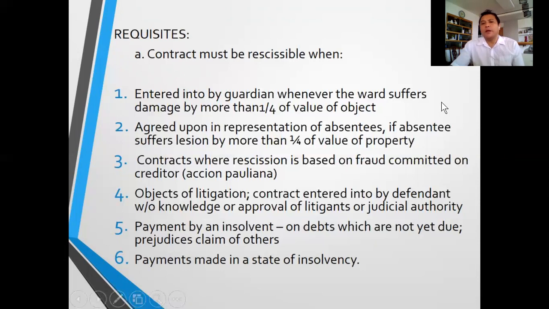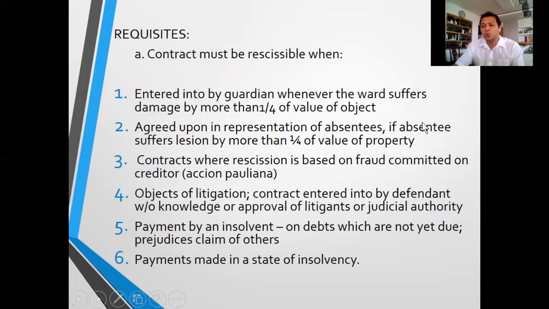So in number 1, the owner of the property is the ward, the minor. Probably the minor has lost his parents, and there's a guardian who is now managing his property.